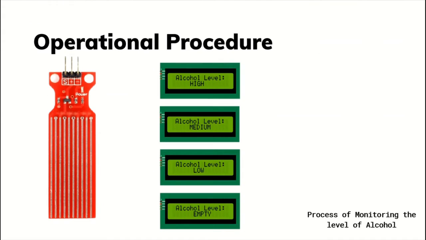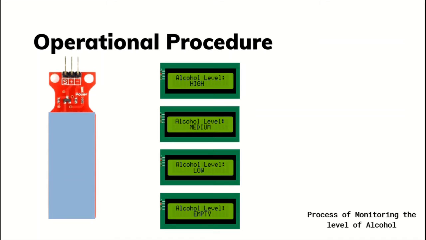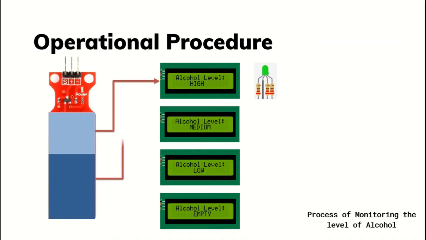Next is the process of alcohol level monitoring. The water level sensor will determine the level of the alcohol. If the level is greater than 300, the LCD will print high and the LED will turn into color green. If the alcohol level is greater than 200 but less than 300, the LCD will print medium and the LED will turn into color yellow.